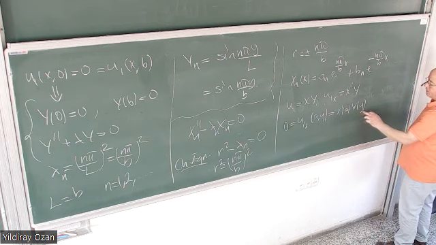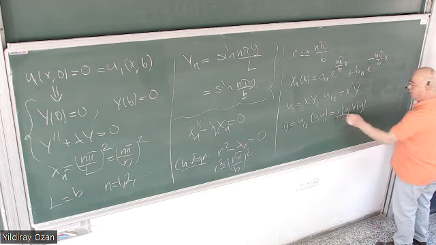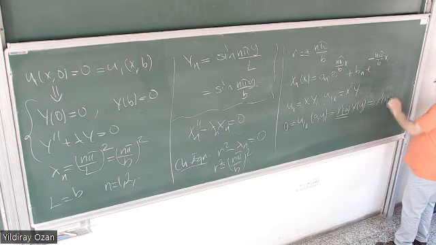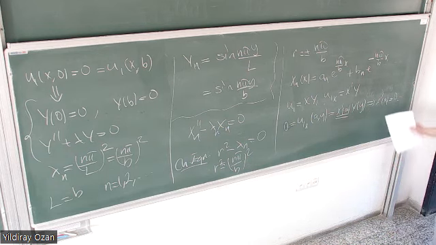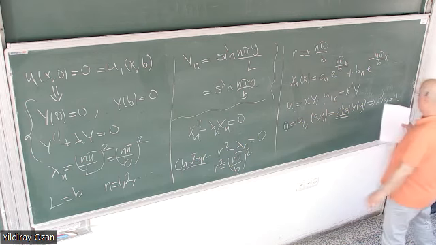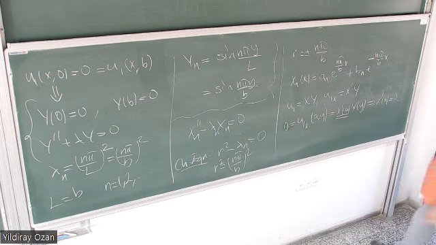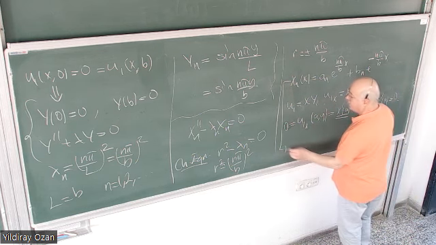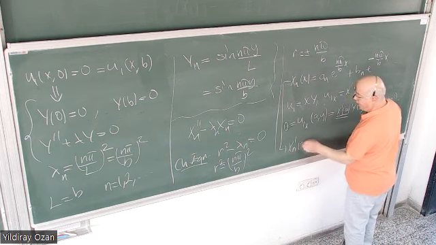Since I don't want a zero solution here, it's better that X prime(a) is just 0. So X prime should be 0 when I plug in x equals a. So from this, X is just what?